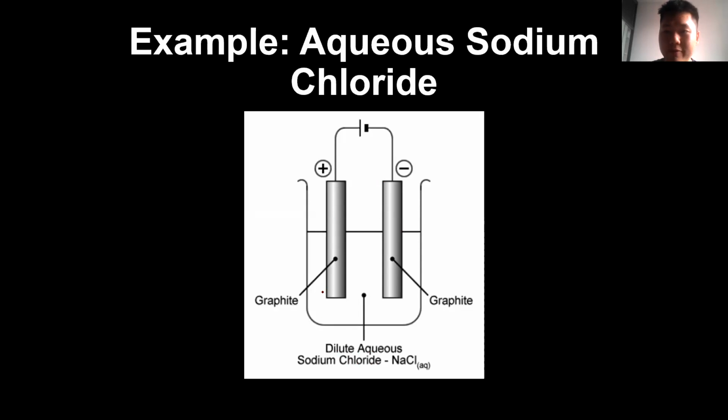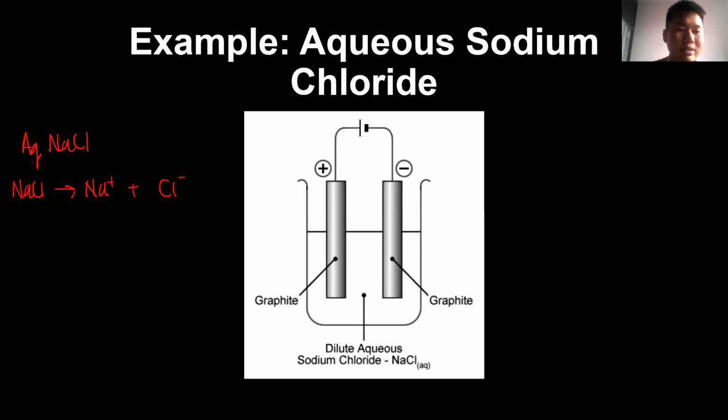The main difference between molten sodium chloride and dilute aqueous sodium chloride is the ions present in the electrolyte. In aqueous sodium chloride, the sodium chloride will dissolve in water to form Na+ and Cl-.